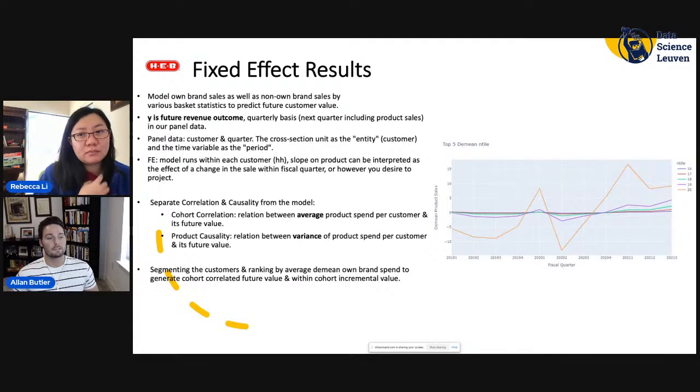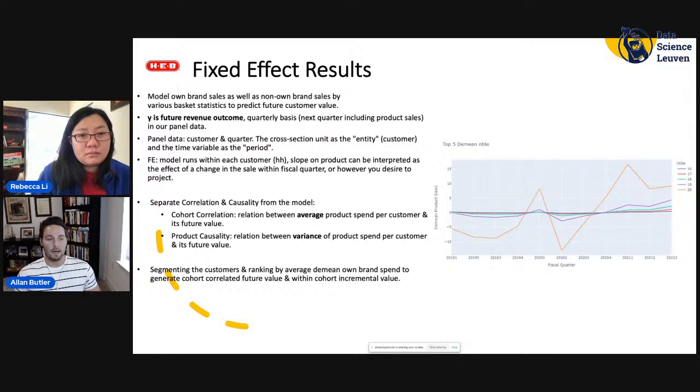The time effects control for omitted variables that vary over time for all customers. For example, own brand product sales are common for customers but vary over time. Our Y is a future-looking revenue outcome per customer. Our fixed effects model runs within each customer, and the slope on product can be interpreted as the effect of a change in the sale within a fiscal quarter.